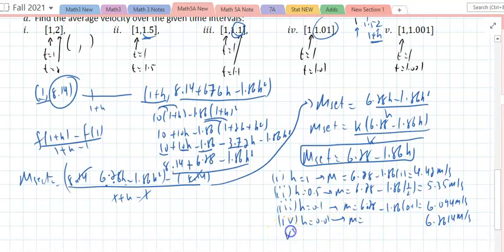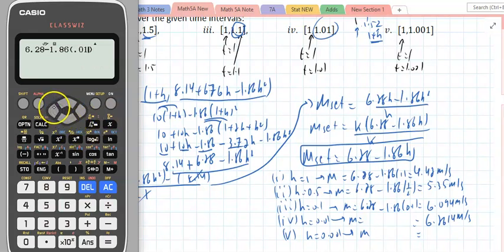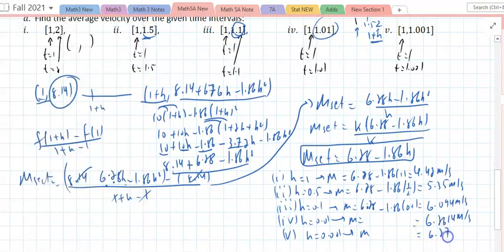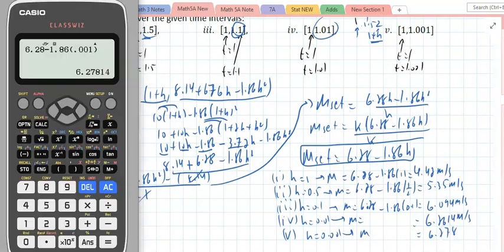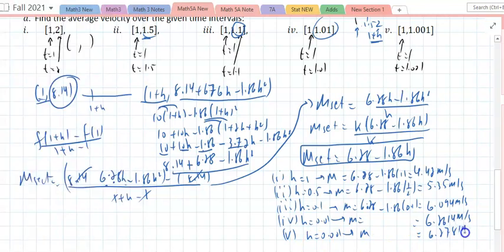And for part 5, h will be 0.001, m will equal 6.27814.